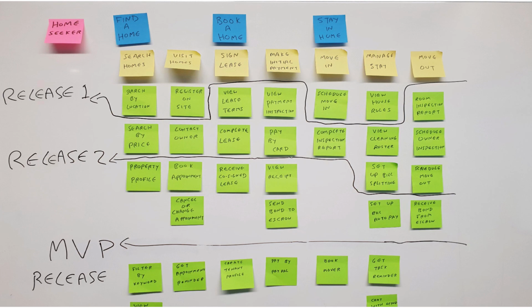So the blue post-it notes are your backbone, the yellow the epics, and the green the user stories or activities, and the pink shows the user persona, which is the home seeker. And as you can see, I've posted on a whiteboard, and so I simply used a marker to draw the MVP release, and I've also drawn out release 1 and release 2.